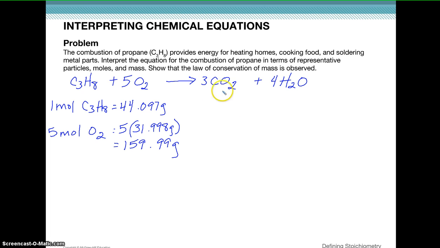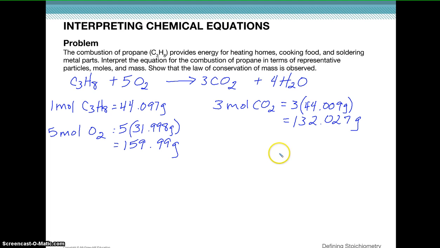Now we want to look at the mass of the products. The mass of 3 moles of CO2 would be 3 times the molar mass of CO2 from the periodic table, which is 44.009 grams. If we multiply that, it gives us 132.027 grams of CO2.